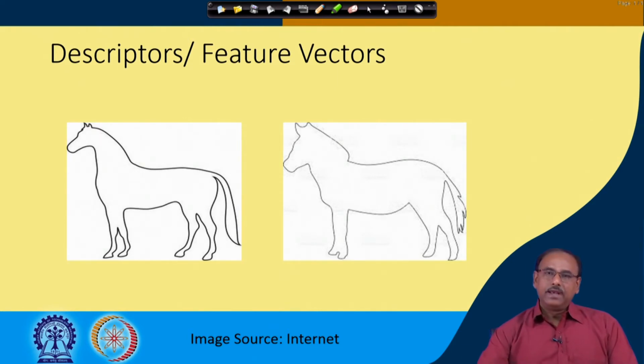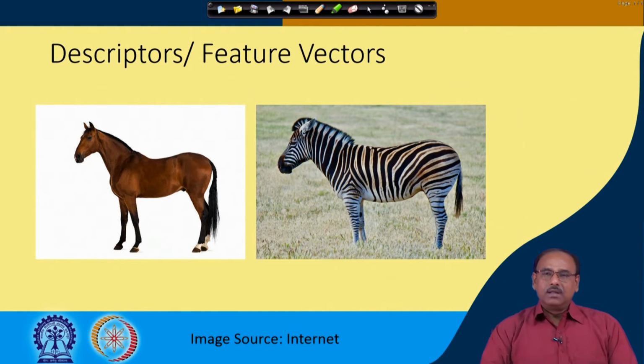But when you look at the entire figure, that is, along with the shape information, when we also consider the information of color, intensity and texture, then only can I say which is the horse and which is the zebra.